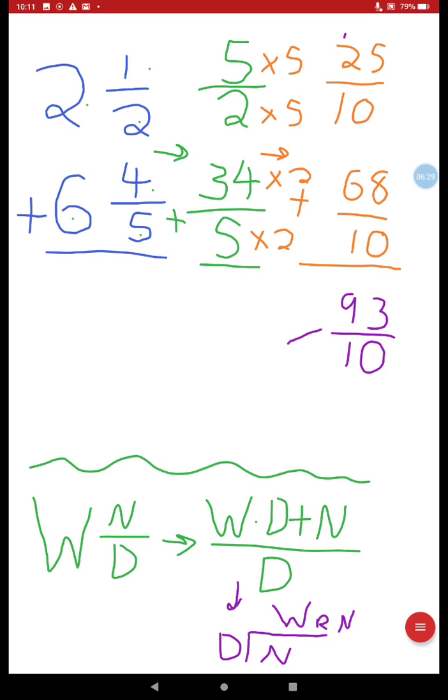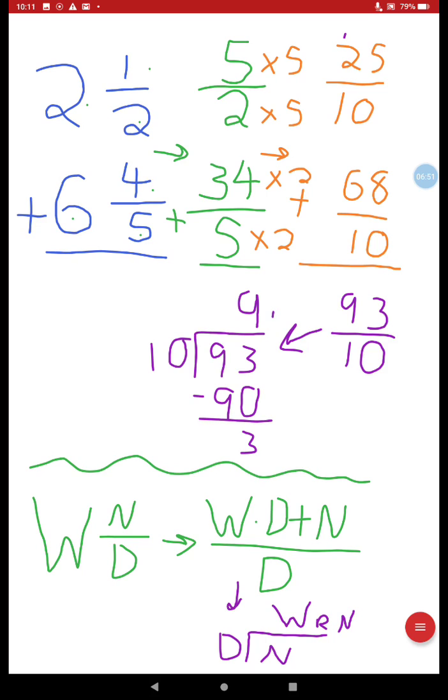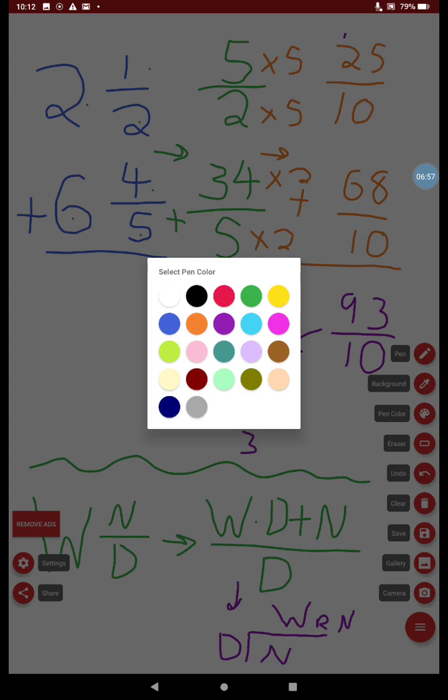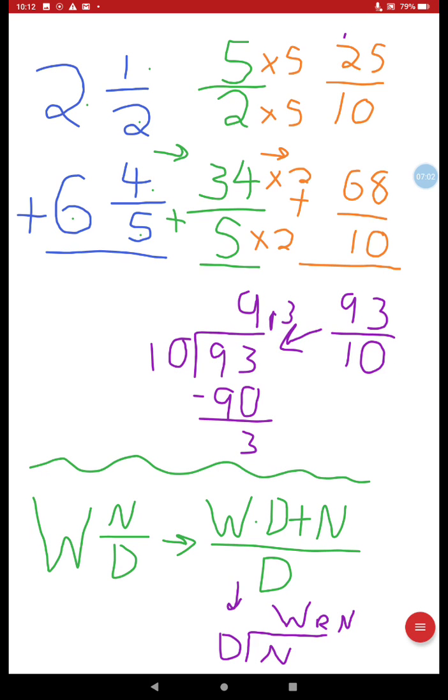So let's do that. 93 goes in the box. 10 goes out. 93 divided by 10 is 9. 9 times 10 is 90. 93 take away 90 is 3. So I have 9 remainder 3. Change my pen color one more time to get my answer of 9 3/10.